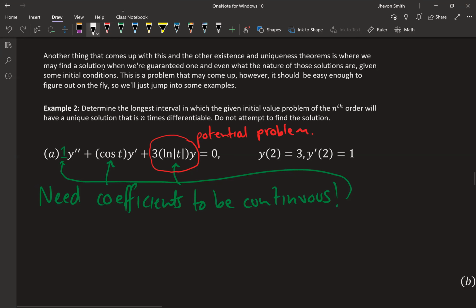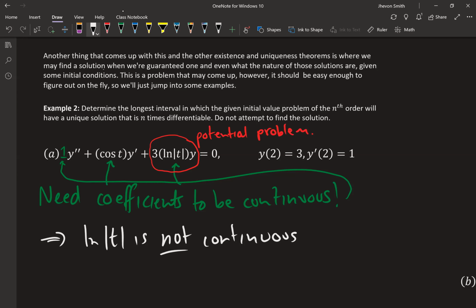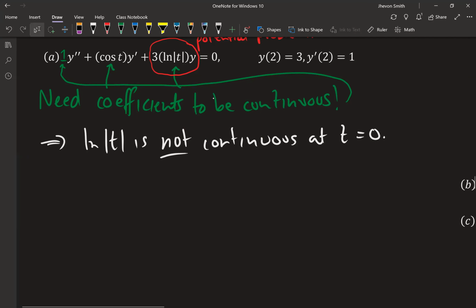There's a potential problem here. So at this point, you'd realize that the ln of absolute value of t is not continuous at t equals 0. And the existence and uniqueness theorem tells us that we're guaranteed to find a unique solution on any open interval that contains the input of the initial conditions, as long as all your coefficients are continuous on that interval. So now that we know that 0 is a problem, here I'm looking at the real line, and 0 is a problem.